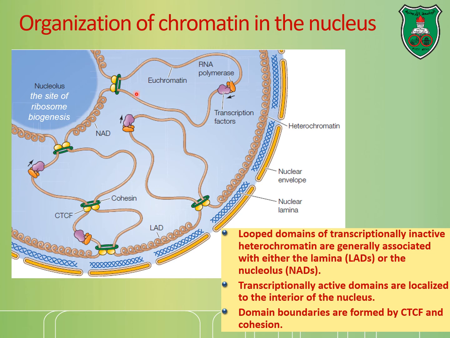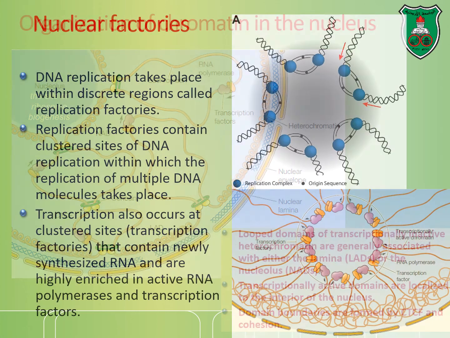And these domains, the heterochromatin and the euchromatin, are formed by proteins known as CTCF and another protein known as cohesin. So you have these proteins that separate the heterochromatin from the euchromatin.